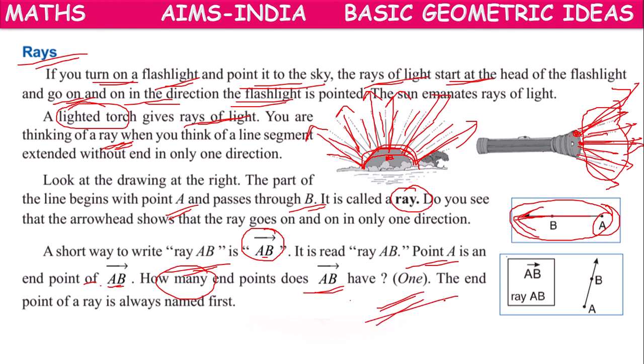While representing the ray, suppose this is C, the ray of light starting from C goes through D and continues in this direction. As its end point is C, we name this ray CD bar. The name of the ray should start with the end point, CD bar.